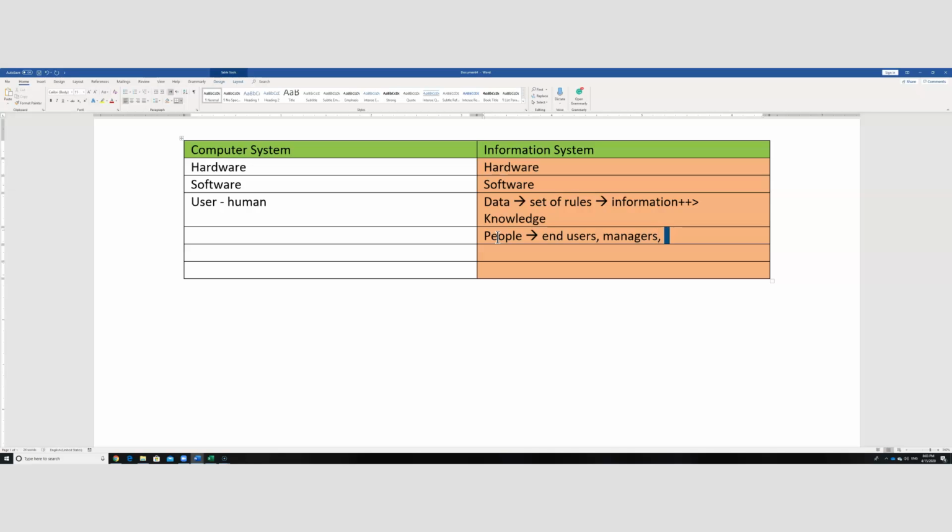Then we also have the staff in the IT department. Managers have different requirements depending on their levels, and users are the ones who see the operation of the information system, the ones actually taking the order from the customer.